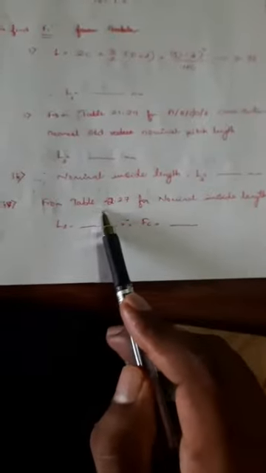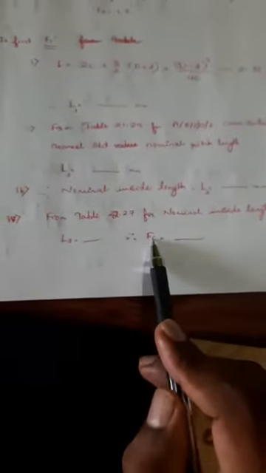For this nominal inside length L3, from table 22.27, the same page number 21.49, find the FC value for the given cross section.